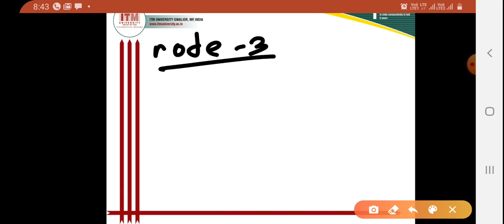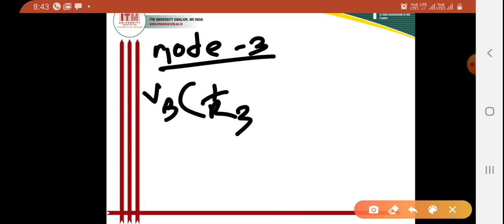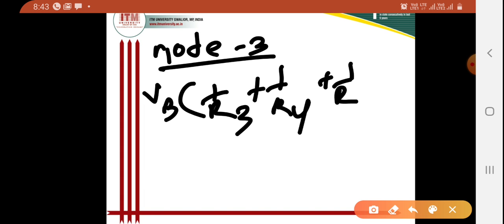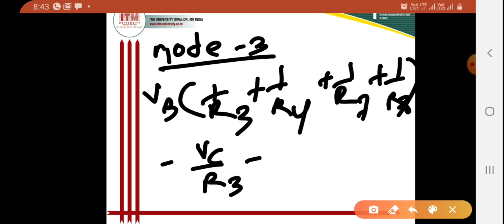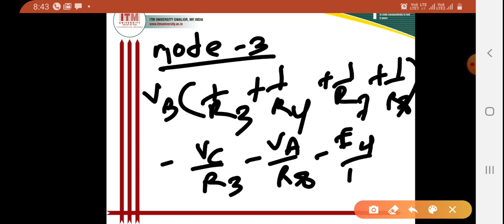For node 3, by applying Kirchhoff's current law, I am writing VB (1 by R3 plus 1 by R4 plus 1 by R7 plus 1 by R8) minus VC by R3 minus VA by R8 minus E4 by R4 is equal to 0, and this is for node 3.